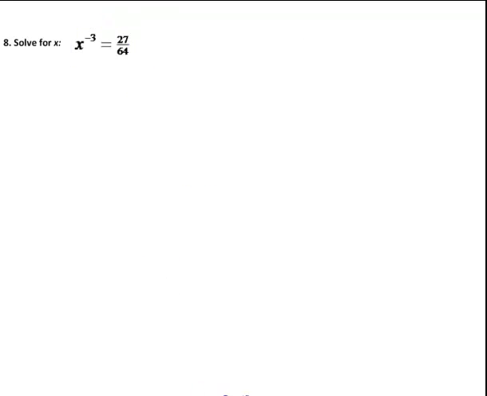Okay, solve for x. That means I want to get this x alone. So I have to get this -3 away from it. How do I undo a power of -3? I raise it to its reciprocal.